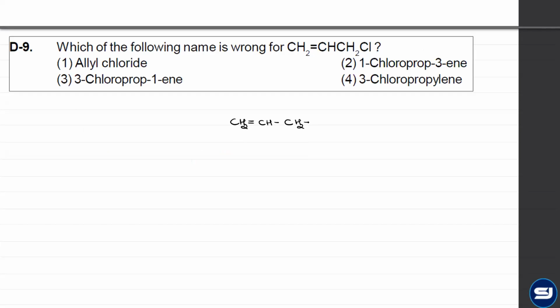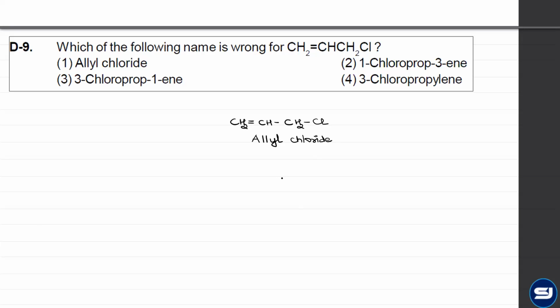When there is a single bonded carbon after vinyl, it's called an allyl group. And with allyl you have a chlorine, hence it is called allyl chloride. That is its common name.